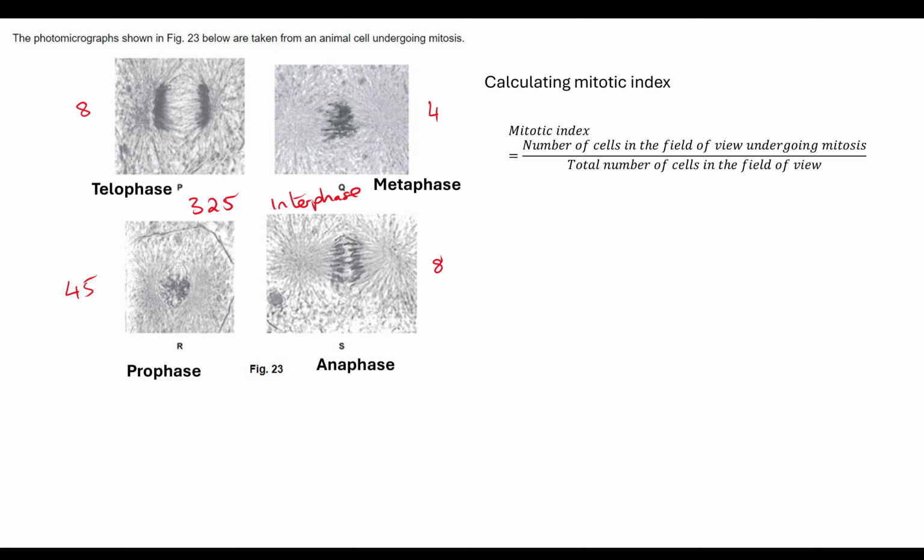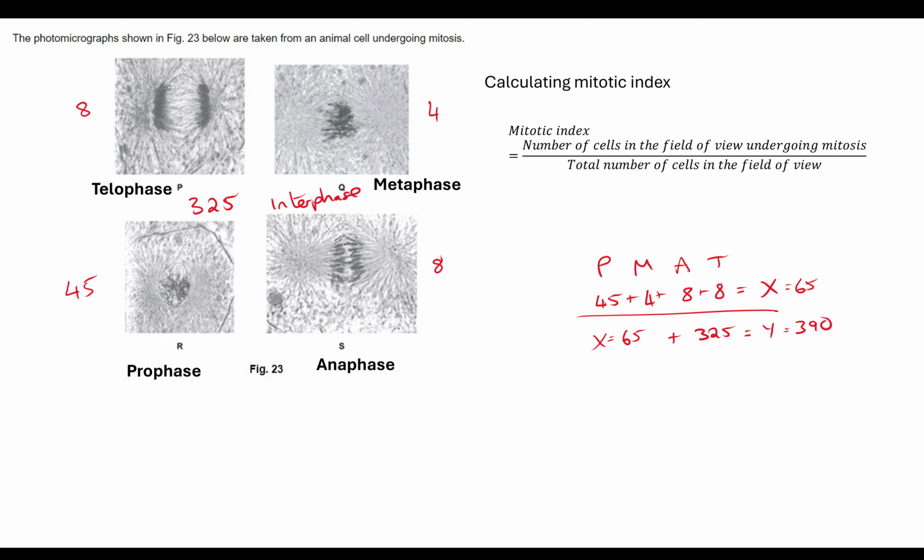So if I tell you that in the example we have 45 that are in prophase, 8 in anaphase, 4 in metaphase, and 8 in telophase, and there are 325 in interphase. They would then expect you to do that PMAT, 45 plus 4 plus 8 plus 8. So therefore my mitotic number of cells is 65.